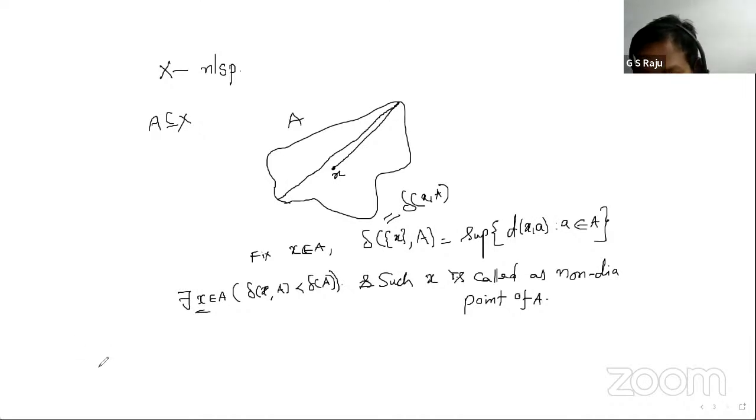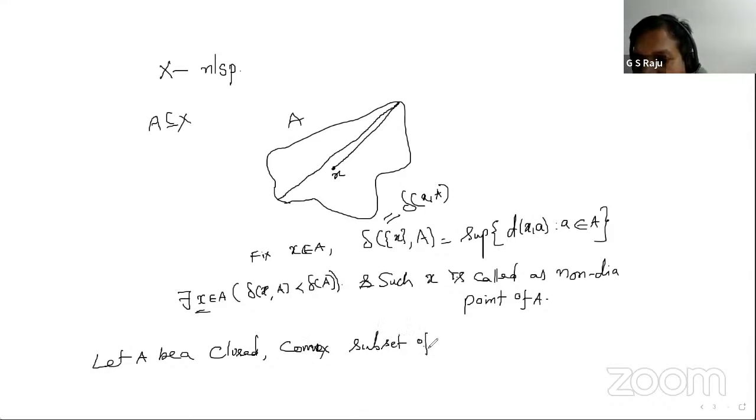Let A be a closed convex subset of a nonlinear space. Of course, we need weak compactness also, some type of compactness.